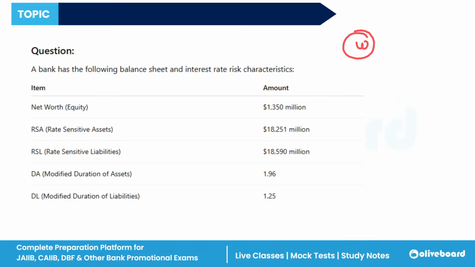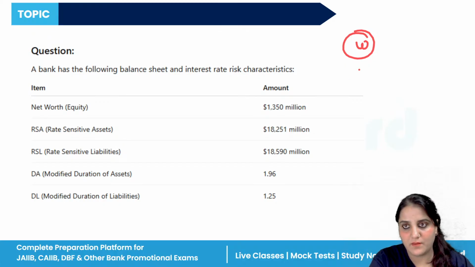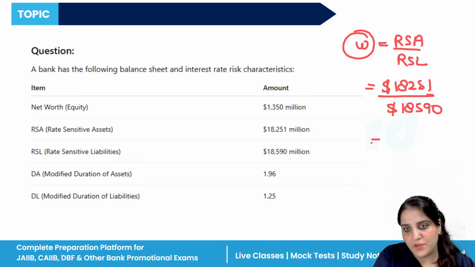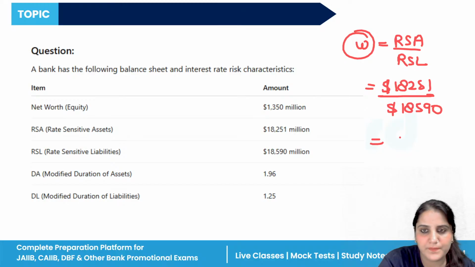Let's start with the weight. The formula is RSA divided by RSL. RSA is $18251 million divided by $18590.